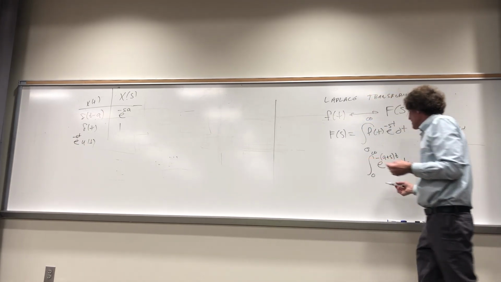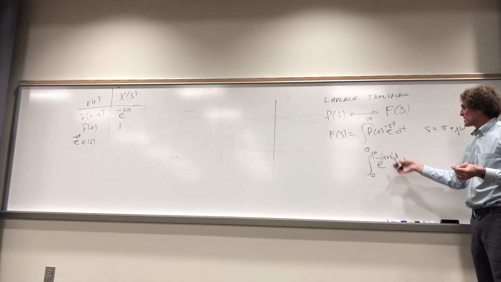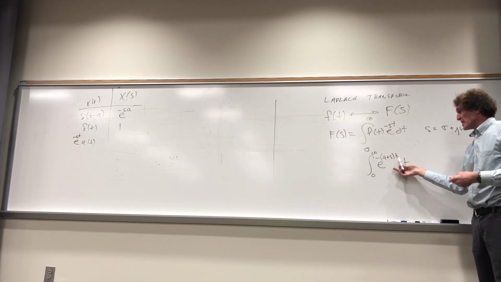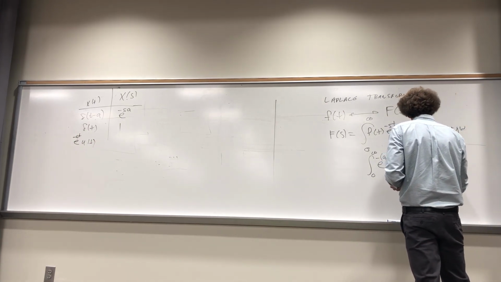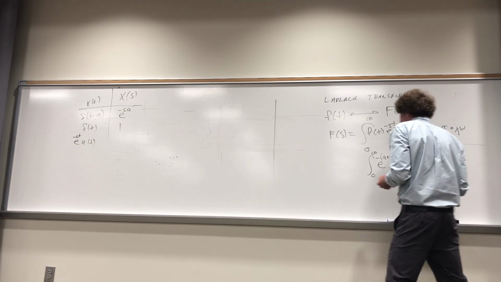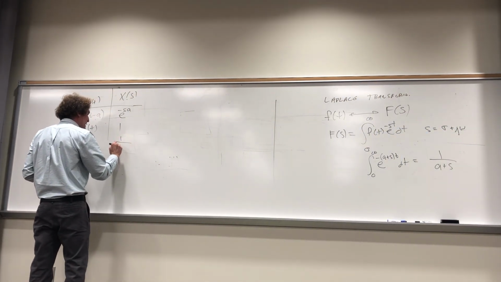I'm simply combining, because this is e to the minus at times e to the minus st, which is e to the minus (a plus s)t. Do y'all agree with that? And that is simply going to be equal to 1 over a plus s. And here I stop. 1 over a plus s.